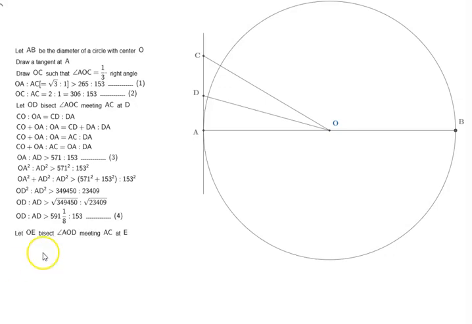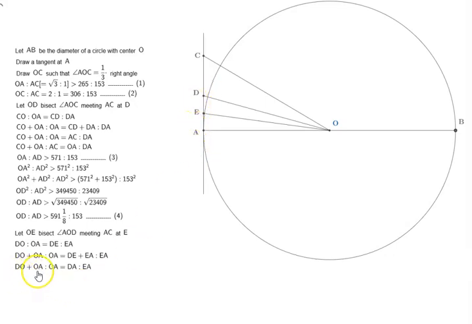So let OE bisect angle AOD meeting AC at E. Again, we repeat the same process. Because of Euclid's Book 6, proposition 3, we know that DO is to AO is equal to DE is to EA. Componendo, DO plus OA is to OA is equal to DE plus EA is to EA. DE plus EA is AD.